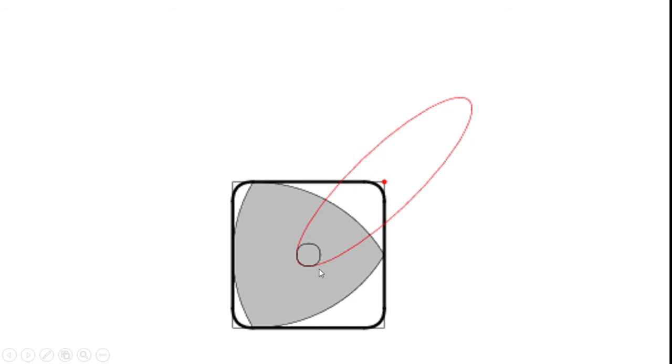From this I can get an epicyclical shape, I mean an elliptical shape inside the square, which is the required centroidal path for moving the Reuleaux triangle inside the square.